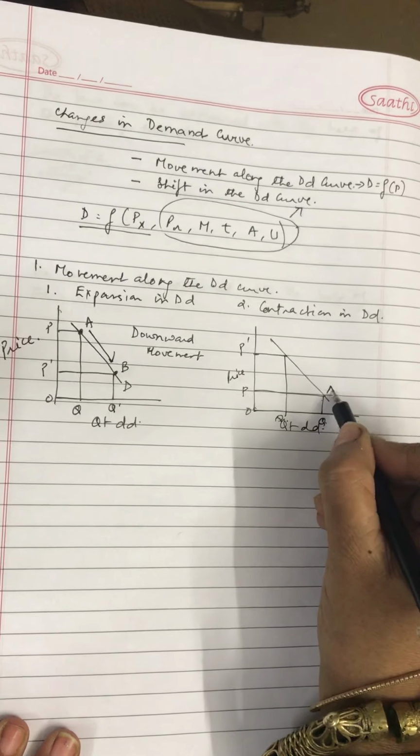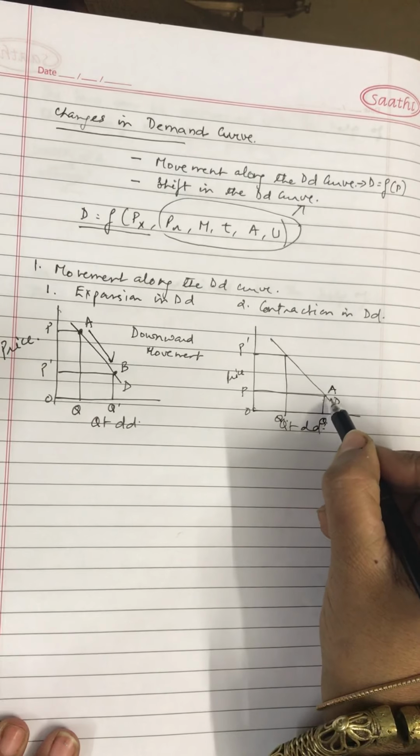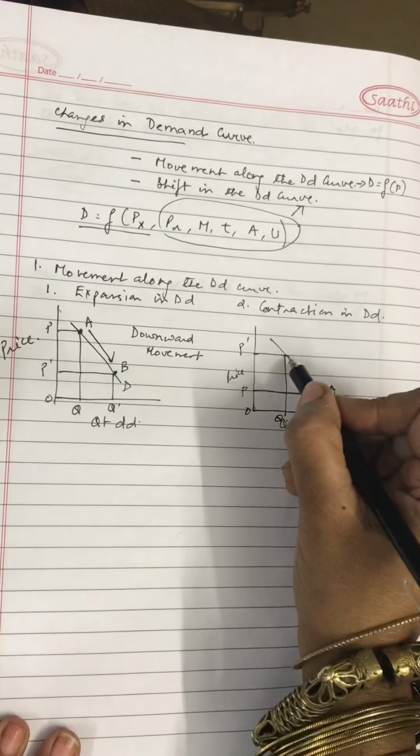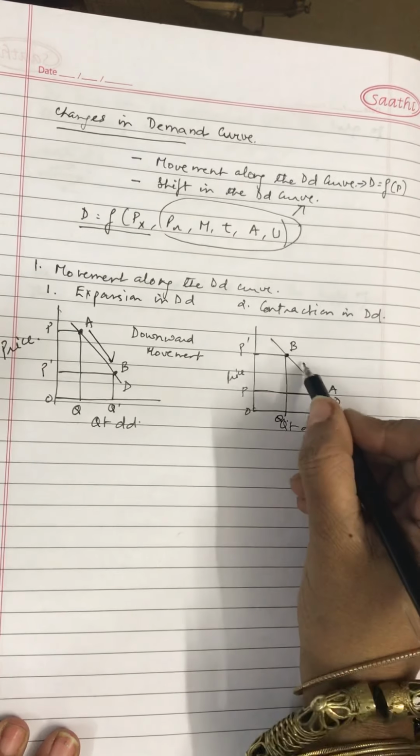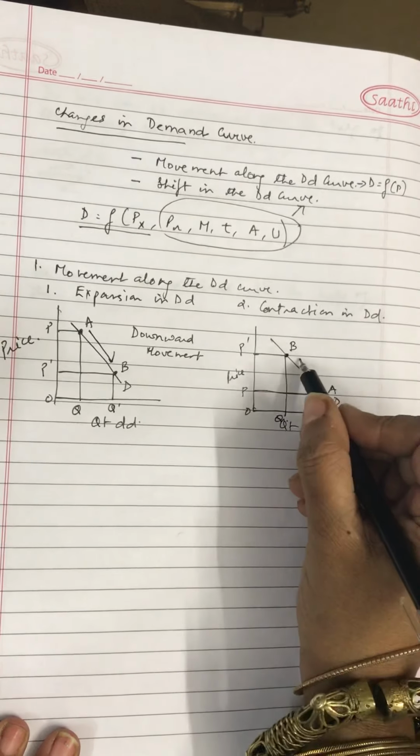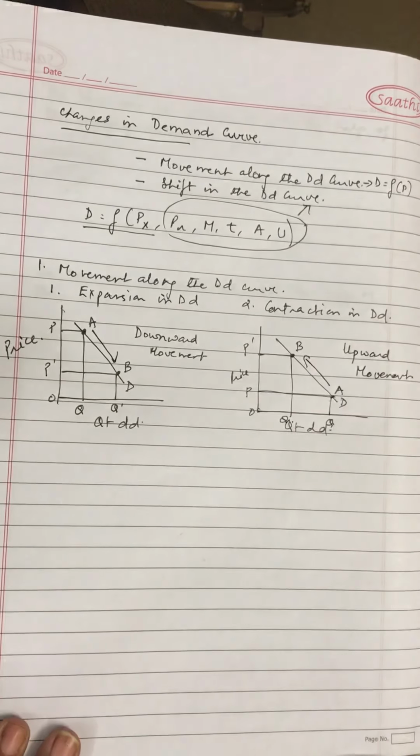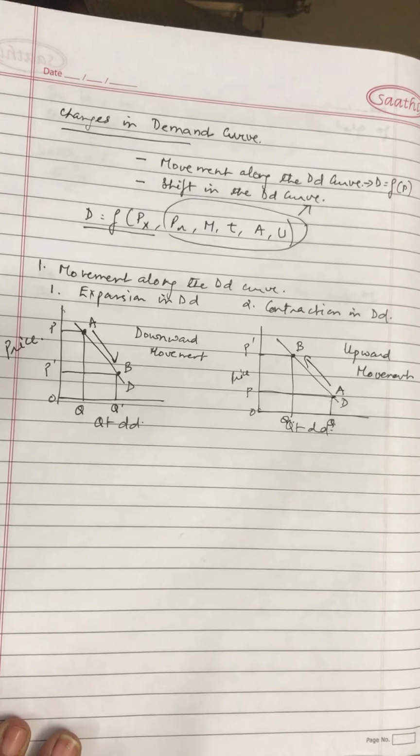So you have moved from a point at the lower side of the curve to a point which is high above. So you are moving in this direction. So this is an upward movement along the same curve, and this is called as contraction in demand.